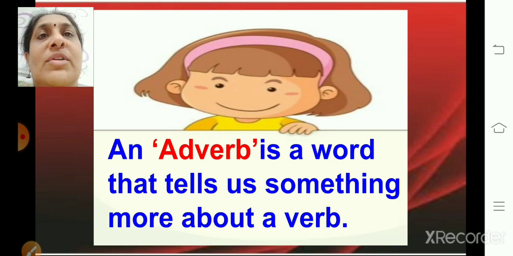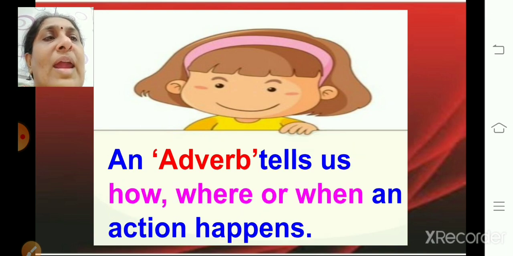Whenever you are reading a sentence, you have to first find out the verb. And once you find the verb, the word that tells you something more about the verb is an adverb. An adverb tells us how, where, or when an action happens.